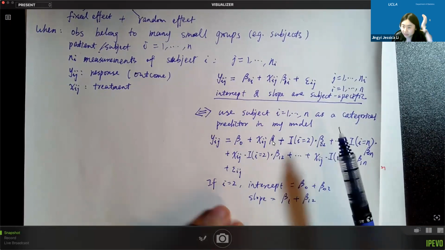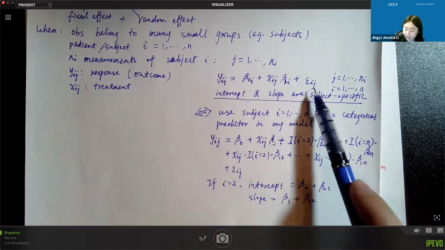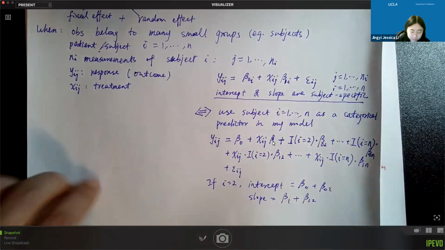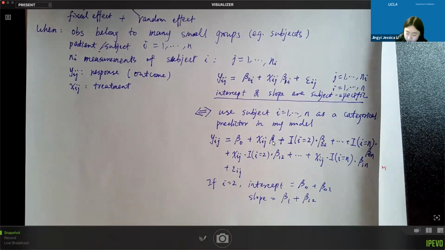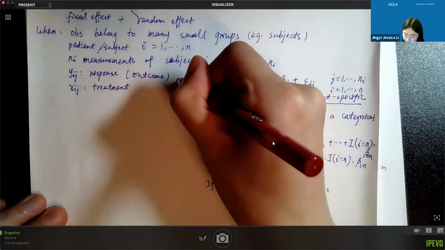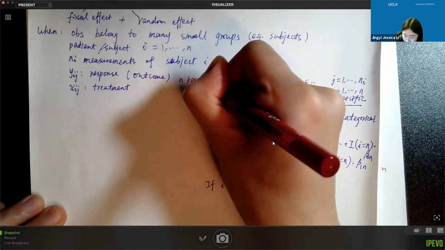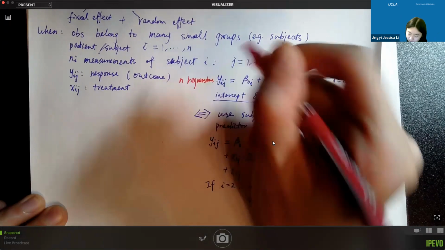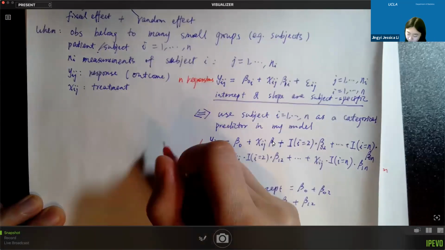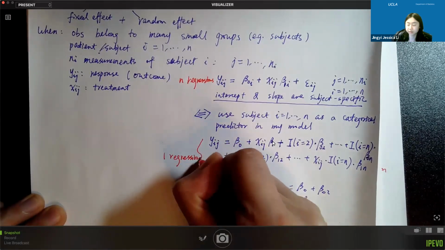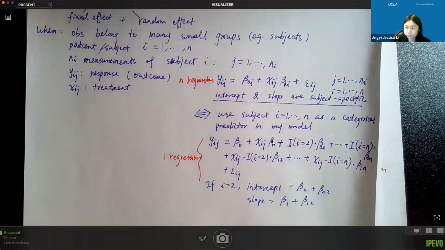So what I mean is that you could fit N regression lines in R if you do coding. This means that you do N regressions. And what you do here is just one regression with all your data, and you're done. They are equivalent, just by incorporating the subject.